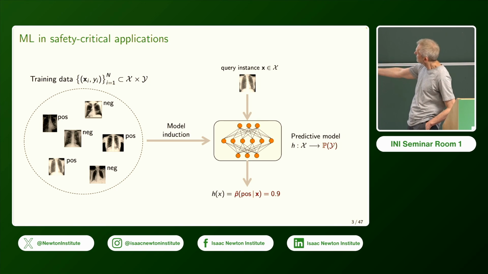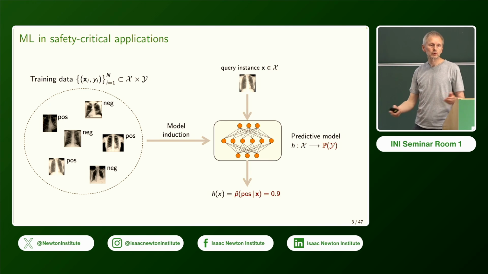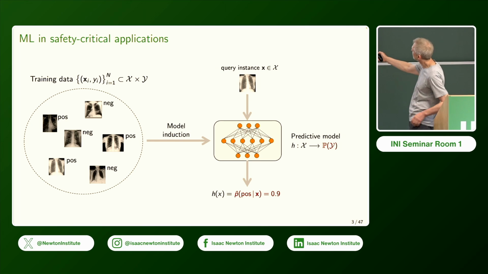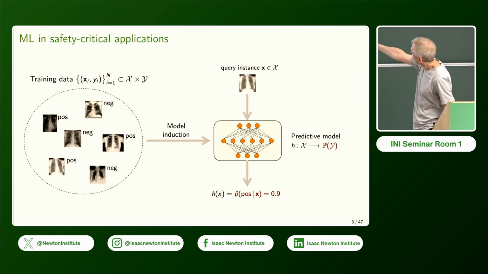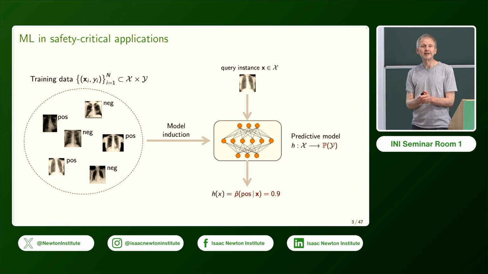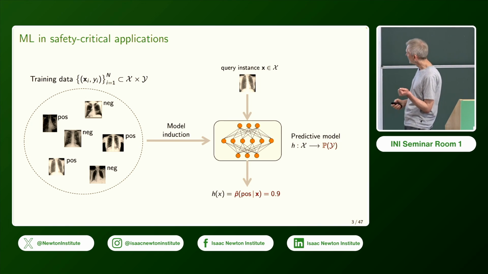And then the task is to learn a predictive model, a neural network, or whatever machine learning method you could think of, which then takes any new instance X as input and hopefully makes a good prediction for it. The prediction here is assumed to be a probability distribution. In the binary case, for example, the probability of positive, like 0.9.